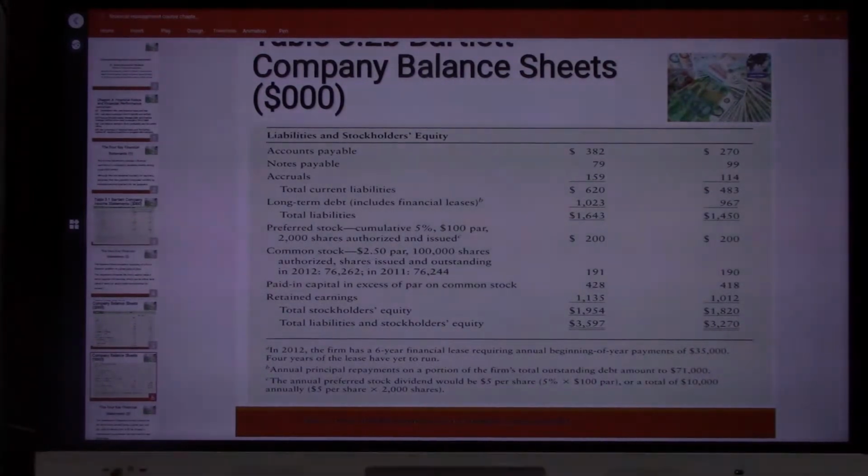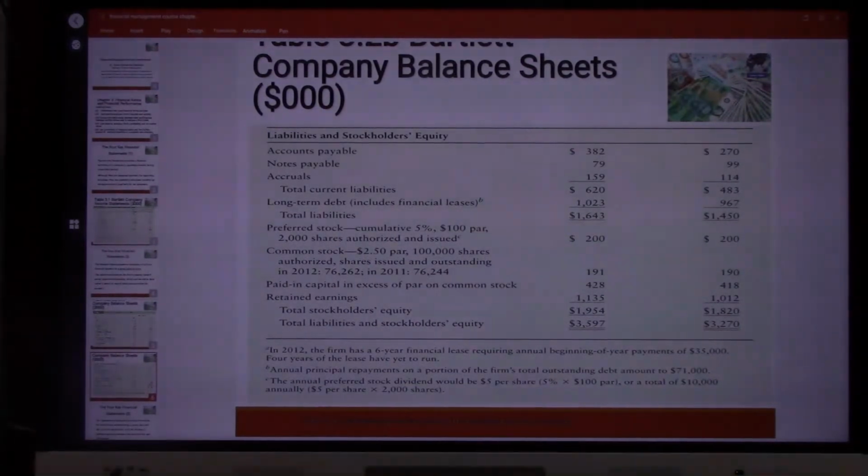Plus, we have the ownership equity, and this ownership equity includes preferred stock, common stock, paid-in capital in excess of par on common stock, and finally retained earnings.